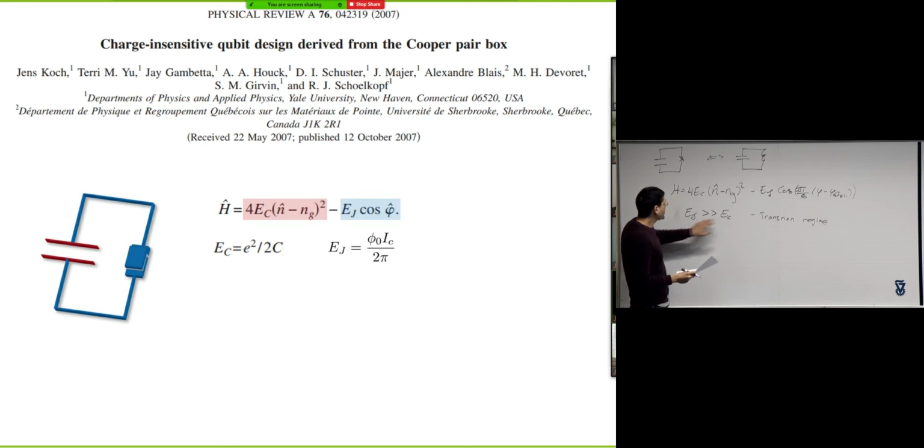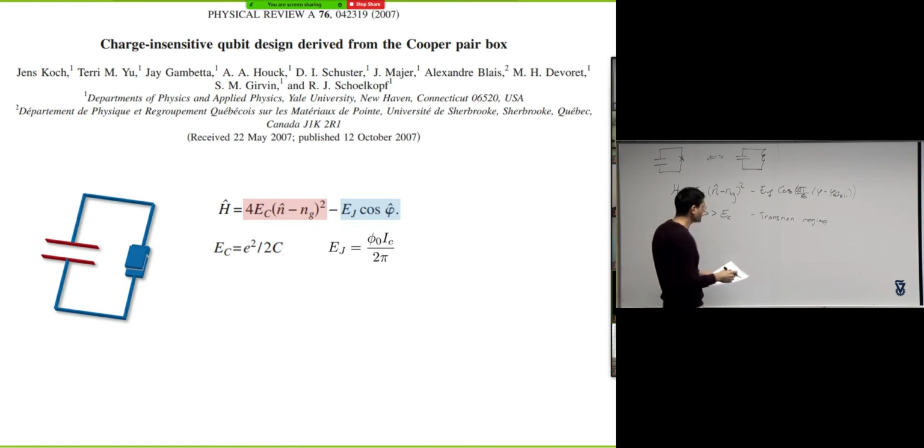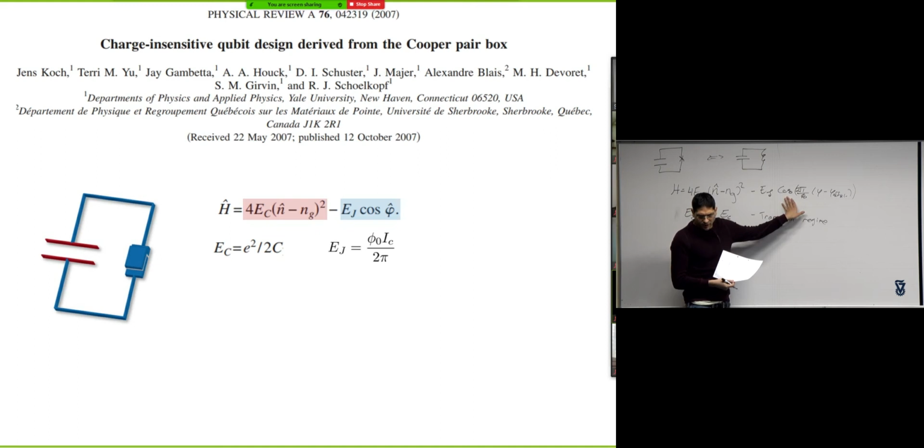Now, the important thing about when EJ is larger than EC is that it gives us something very, very nice that we like to do in physics all the time. It allows us to take things that are annoying, like a cosine potential, and develop it in series.